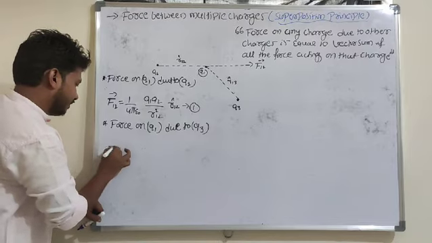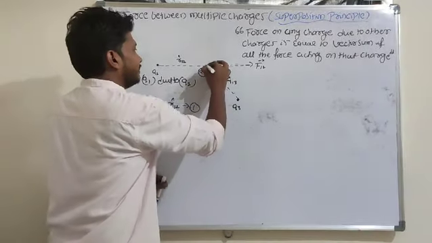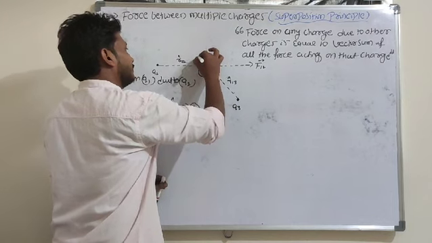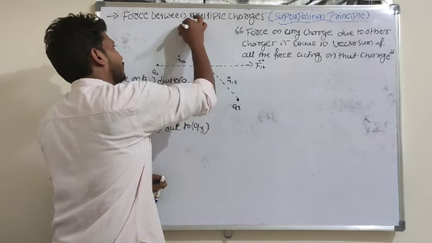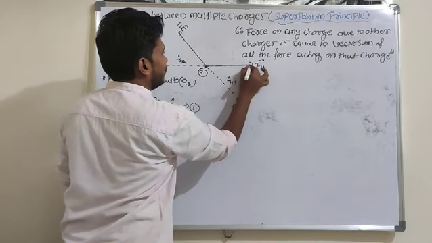So that force, F of 1 to 3, is in this direction. This is F of 1 to 3 and this is F of 1 to 2 here.